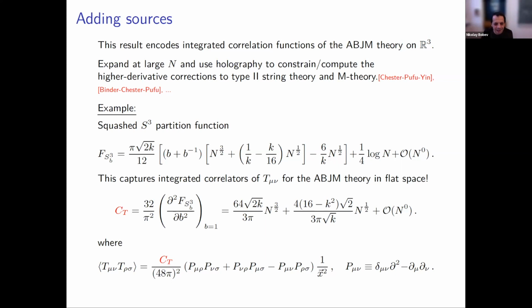But you can also get this from the supergravity point of view. Absolutely. The leading term you can easily obtain by studying the propagator of a graviton in 11D supergravity. But what I want to emphasize is that I can give you a closed form expression for this C_T valid at all n, to all orders in 1 over n, which I don't know how to get in any other way.